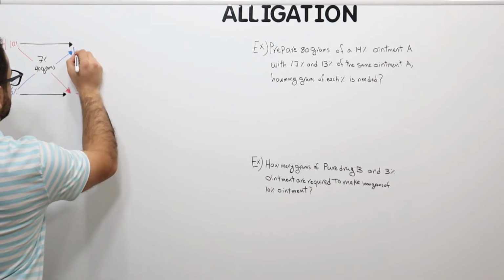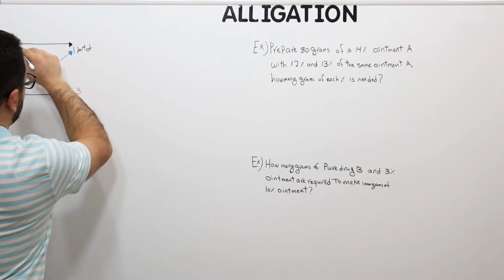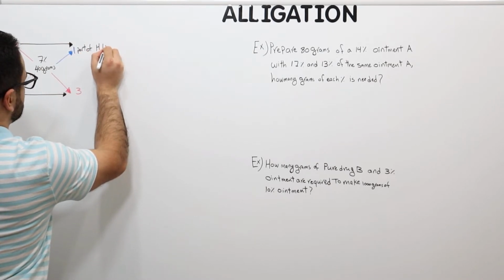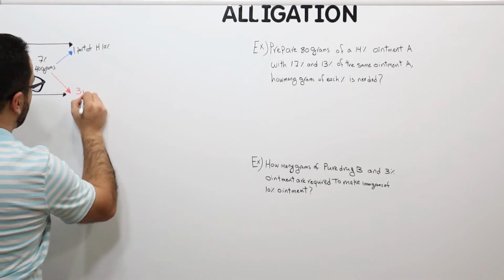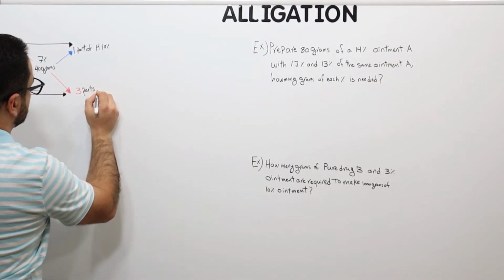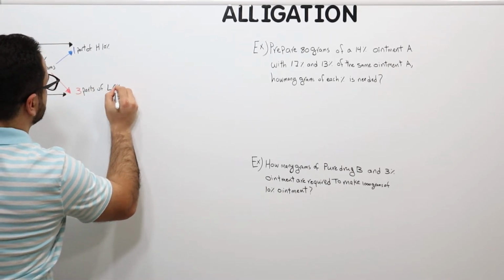So 1 is 1 part of the high concentration, which is 10%, and 3 represents 3 parts of the low, L, 6%.